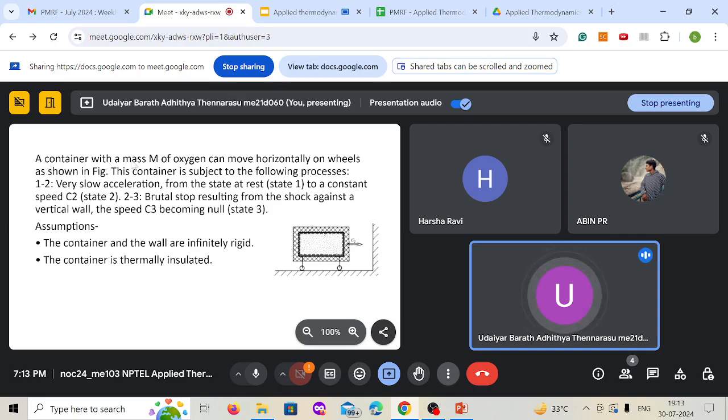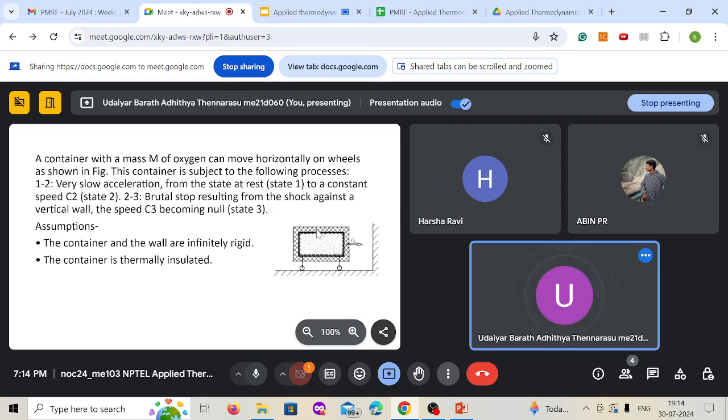A container with a mass m of oxygen can move horizontally on wheels as shown in the figure. This container is subject to the following processes. 1 to 2: a very slow acceleration from the state at rest to a constant speed C2.